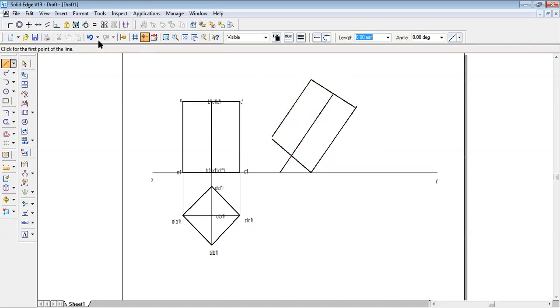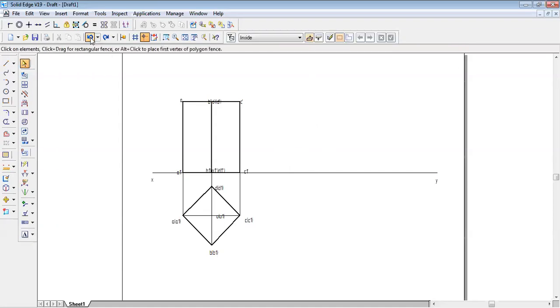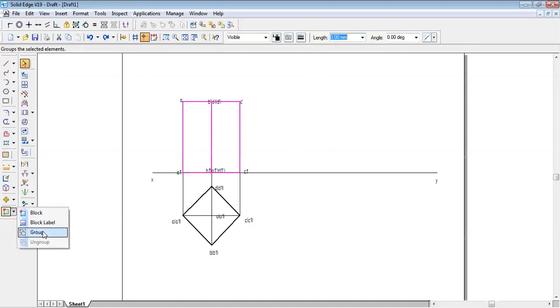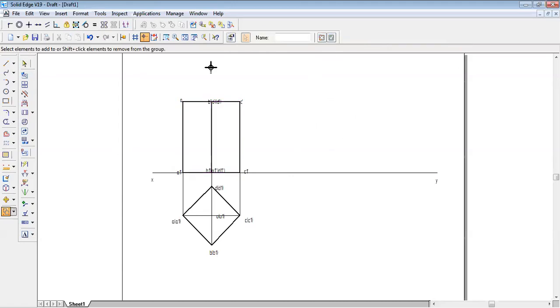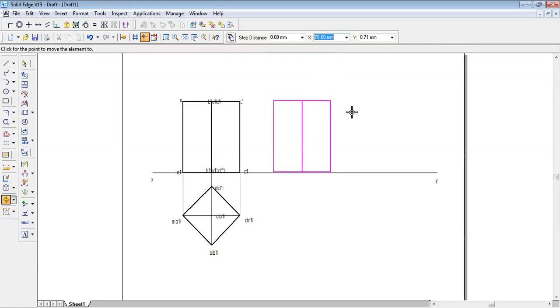When you're doing on the solid edge, just group everything. First group everything here like this. You group everything, then group this one, group this one, then move this one to here. A copy should remain there, so I will place here like this.